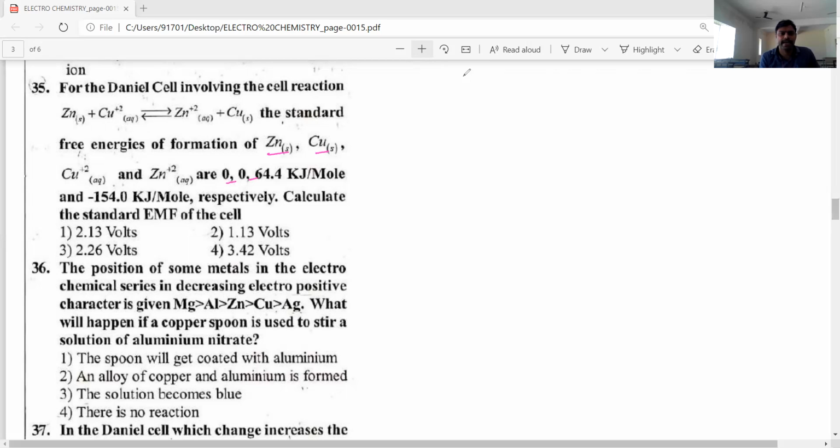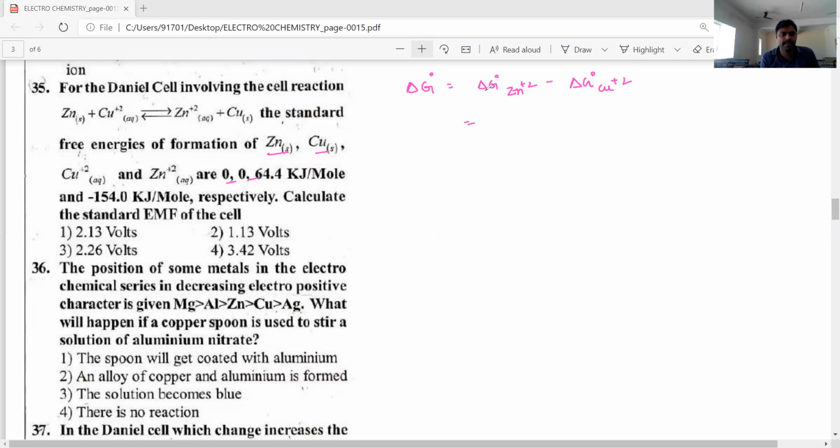But the delta G naught of the reaction is the free energy change: delta G naught of Zn2 plus minus delta G naught of copper 2 plus.